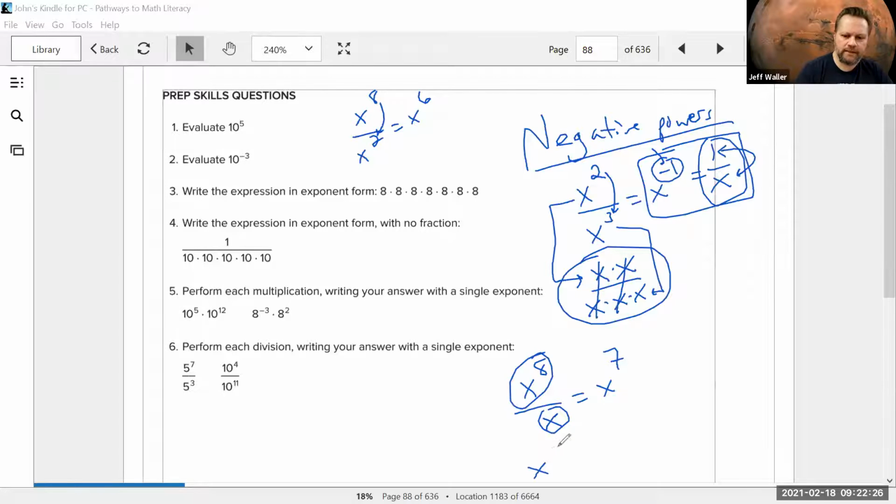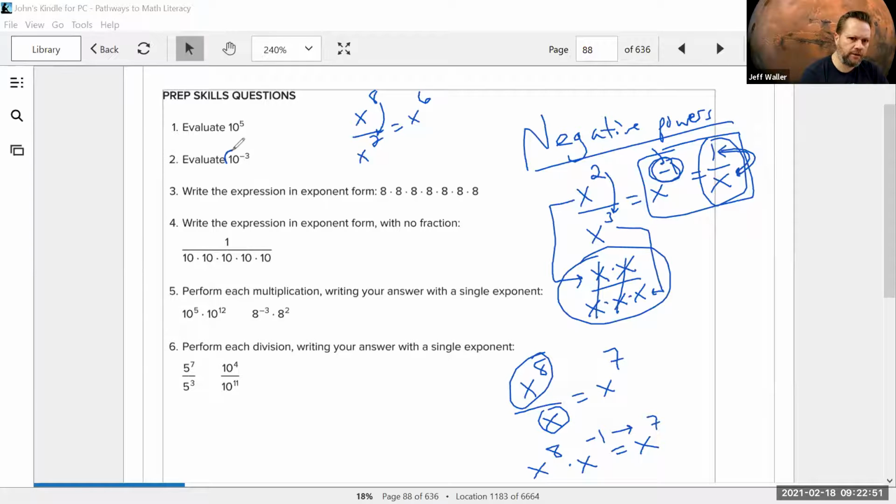So what is x to the 8th times x to the -1? Isn't that also x to the 7th? So a negative power means flip. That's a better way to think about it. Something to a negative power flips.